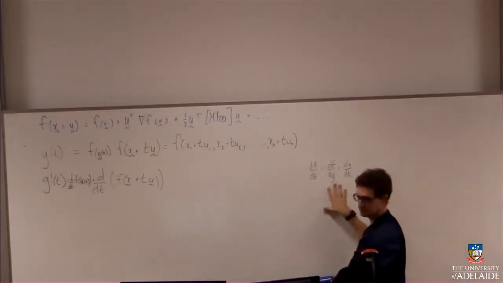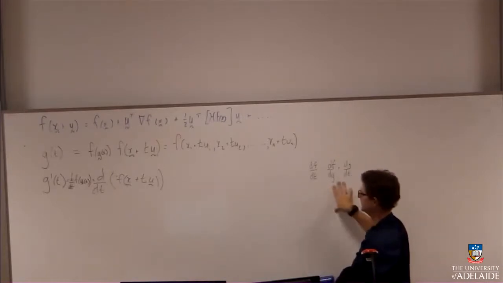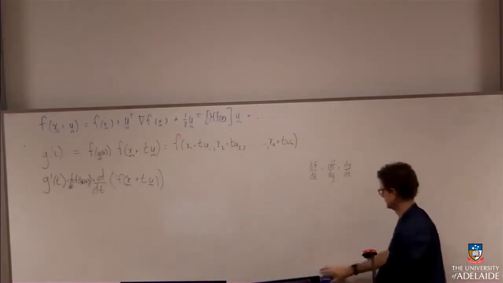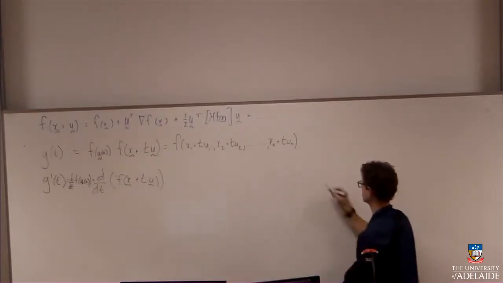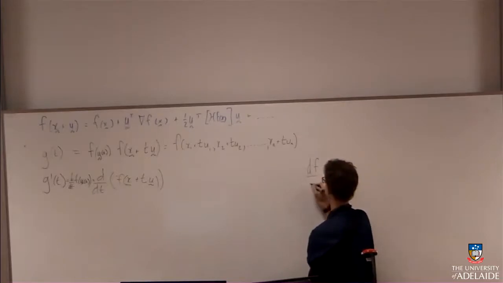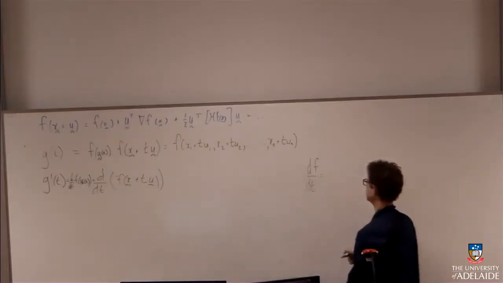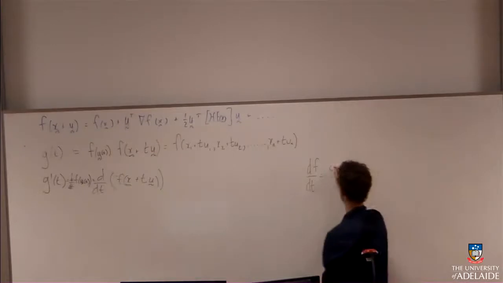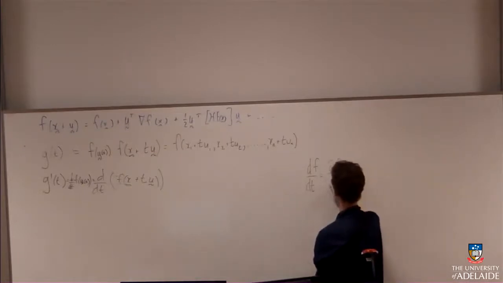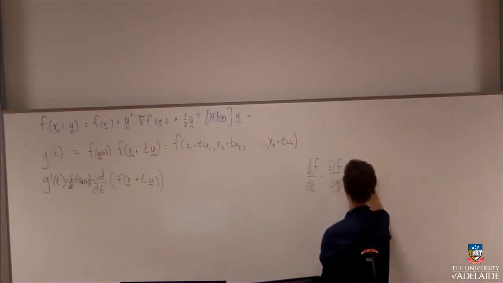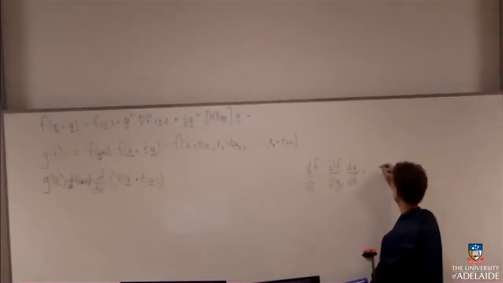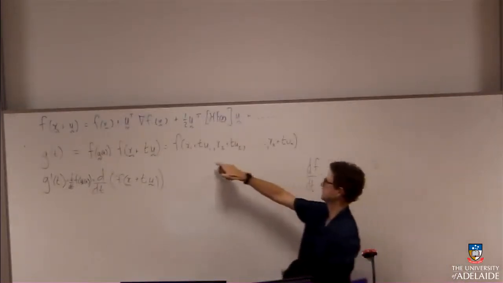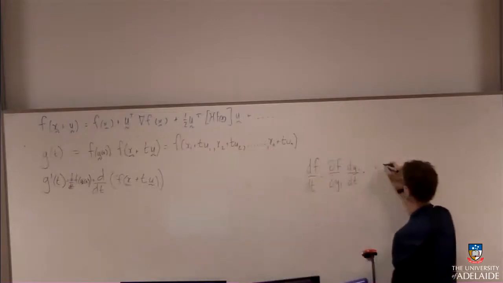I just have this in multiple dimensions, so I need the multi-dimensional chain rule. Now, in multiple dimensions, the chain rule looks a little bit different. I'll write it a bit larger here. df dt. Now I need to be careful with my notation. So I have this same form, df dy dy dt. I just have lots of different y's now. I've got y1, y2, all the way up to yn.